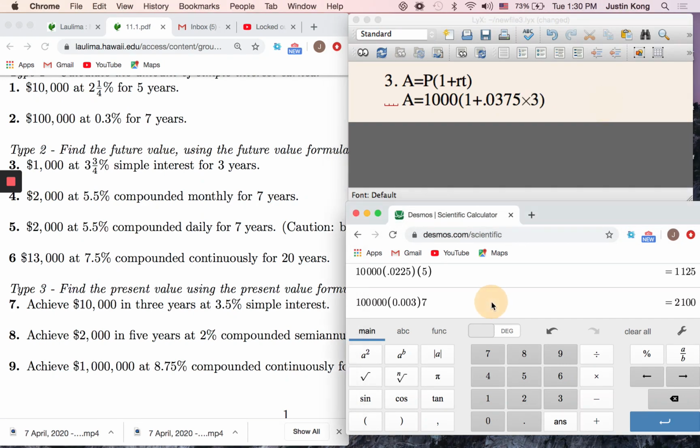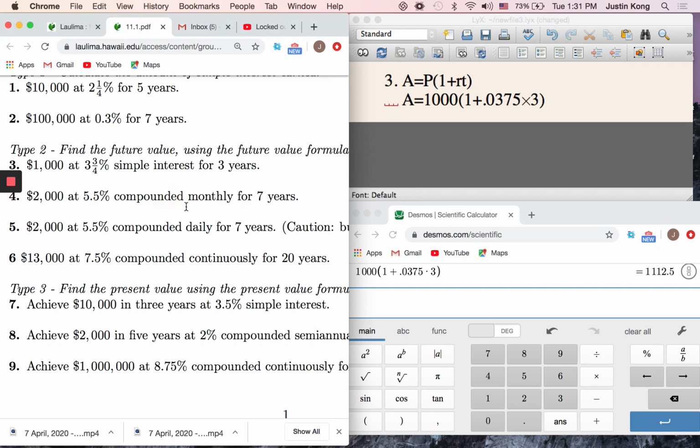Okay, so when I plug it into the calculator, it's gonna look like this. 1,000, 1 plus 0.0375 times 3. And I get 1,112.5. So $1,112.50. And this is including the original $1,000. You might have done this a little bit differently. You could have also just found the interest by itself and then added it on. That would have been fine as well.